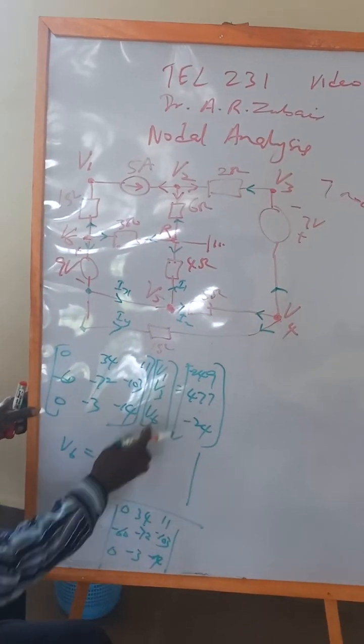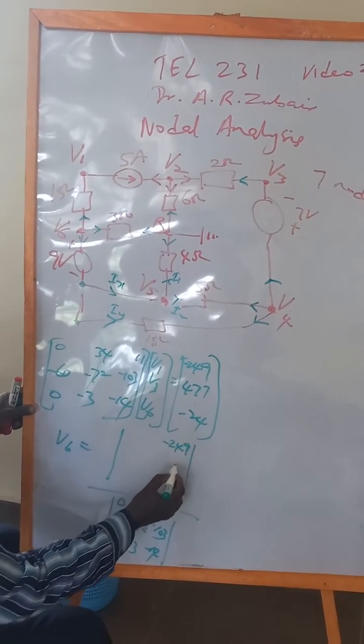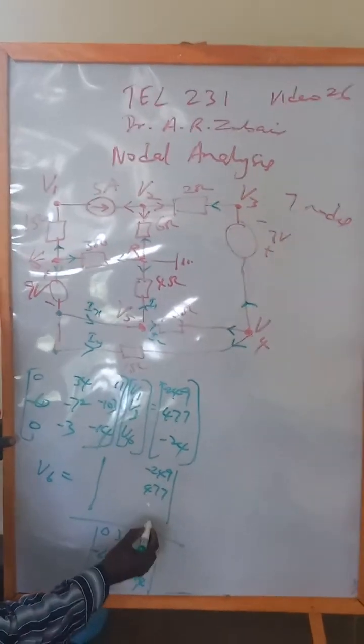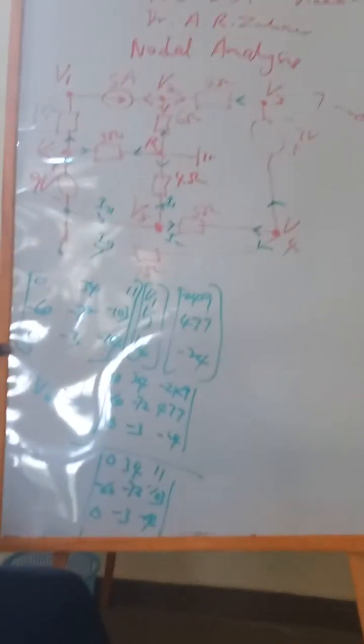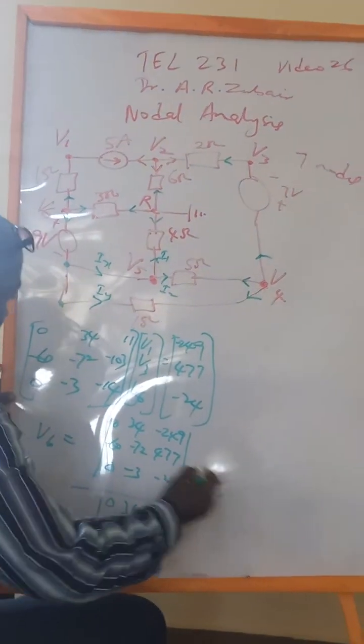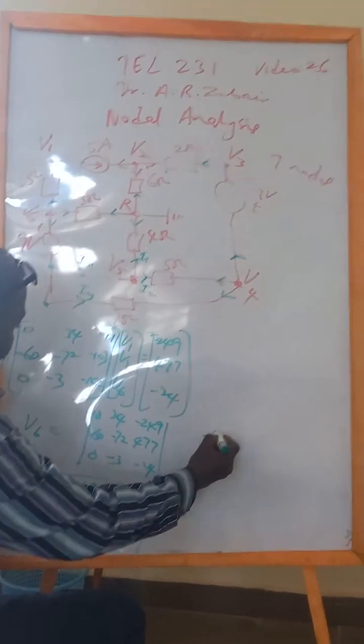Since we are looking for V6, we are going to replace this side with minus 249, 477, minus 24. This will be 0, 34, minus 60, minus 72, 0, minus 3. So this is very easy because we have a line where we have 2 zeros. Yes, sir. I can just use that minus 60.